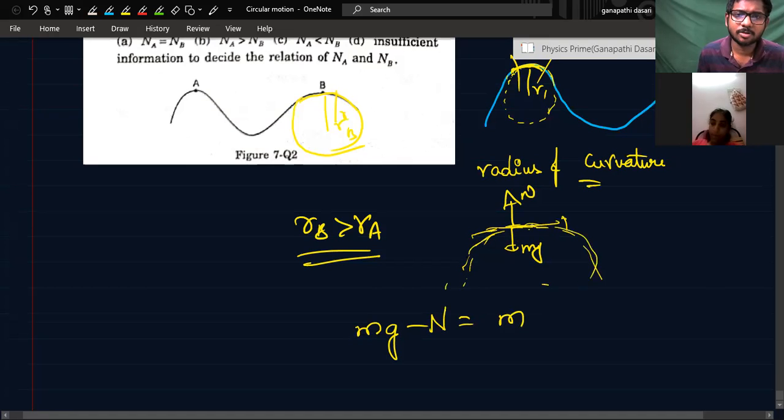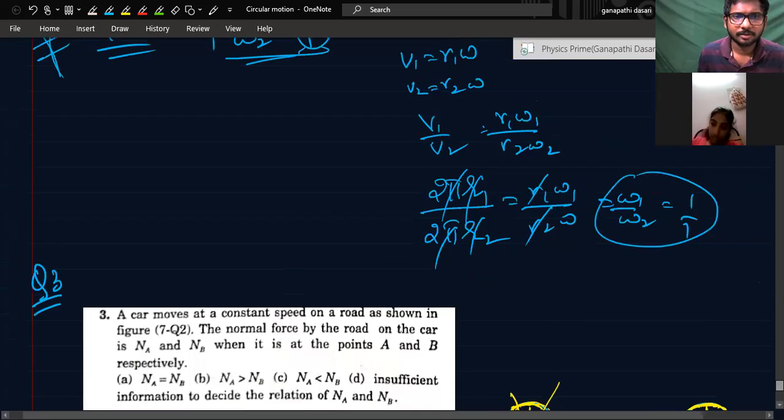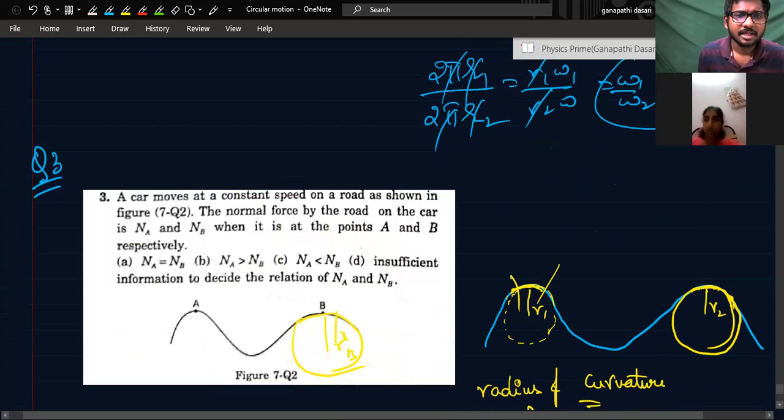This is the circle it is going, so centripetal force should be in this direction. That means mg should be higher here. mg minus N is equal to mv1 square by r1. The question says constant speed.